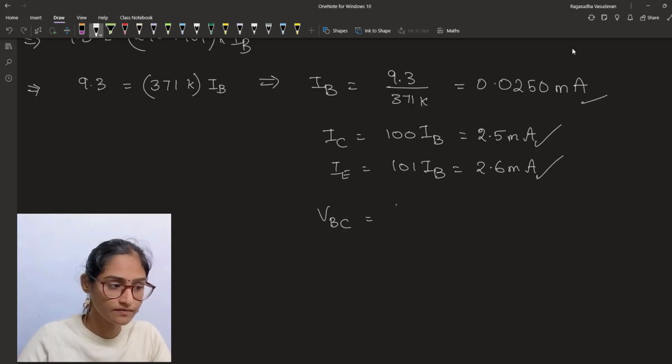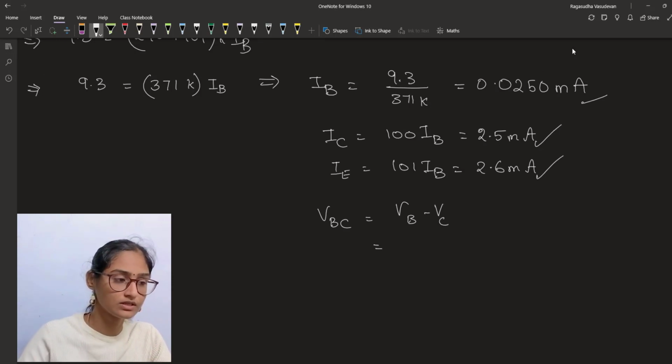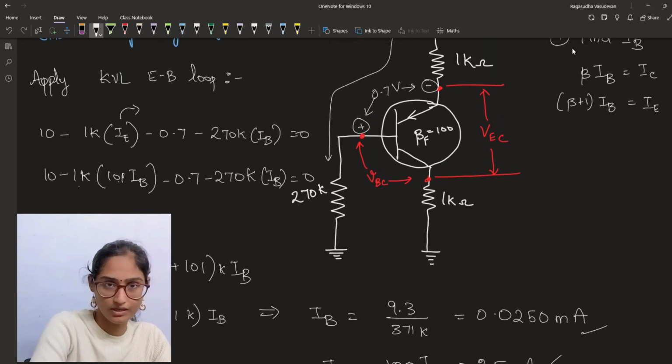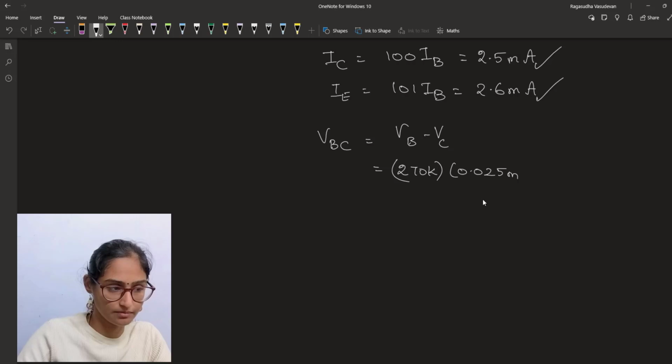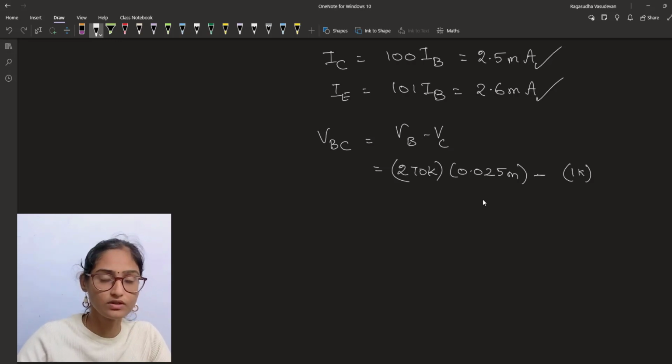VBC will be VB minus VC, right? So what is VB? The current through the base multiplied by this resistor, 270 kilo ohm, the resistance, multiplied by the current through it, which is 0.025 milliampere, minus what is VC? 1 kilo ohm into the collector current, which is 2.5 milliampere.